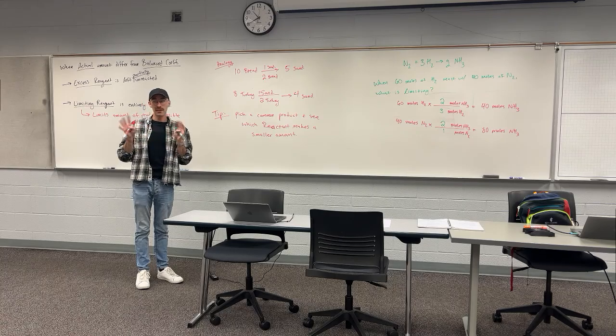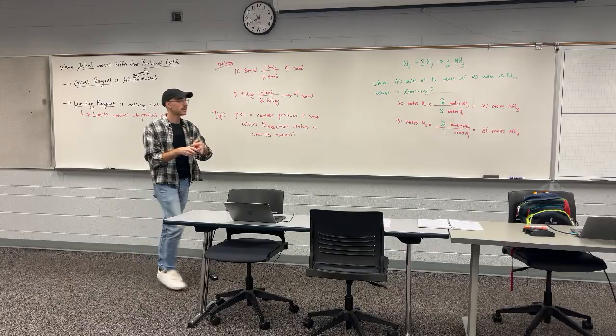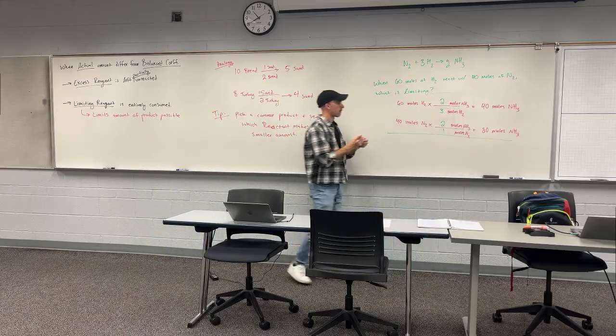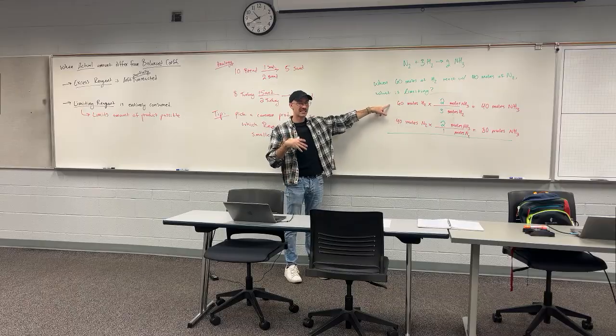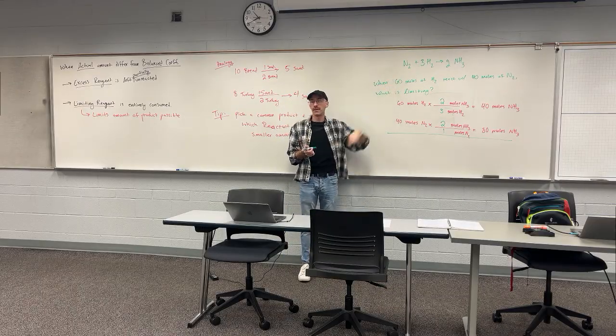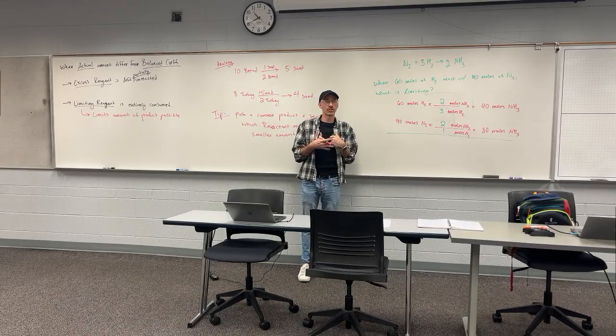Do you know there is another way that you can do this? Rather than looking at a common product, you can actually ask, if I have 60 moles of H2, how many moles of N2 would then be required to react here? So you can kind of see what would be needed in order to consume all of the H2.